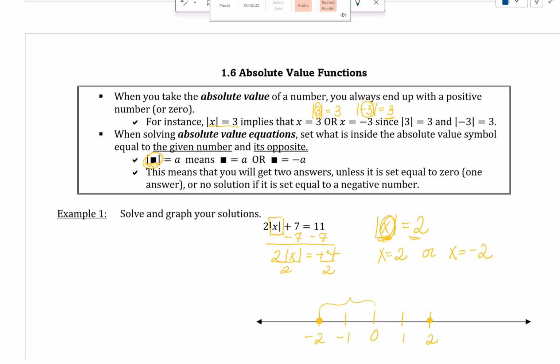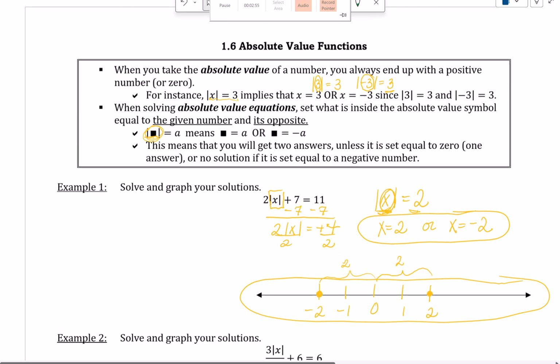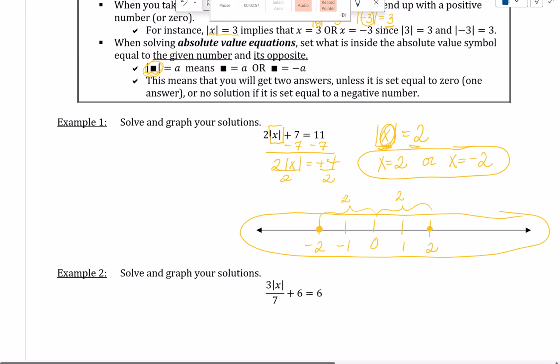Negative 2 has a distance of 2, and 2 has a distance of 2. So you can kind of see that there. What I'm looking for is the graph that takes my two numbers. So absolute value should have two answers unless it's 0. If it's 0, then it will only have one answer.